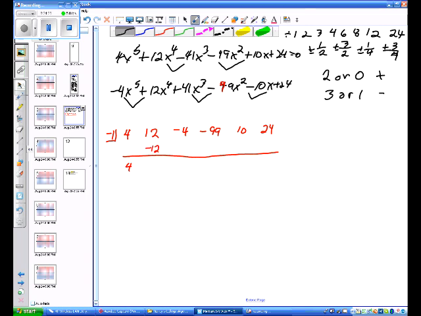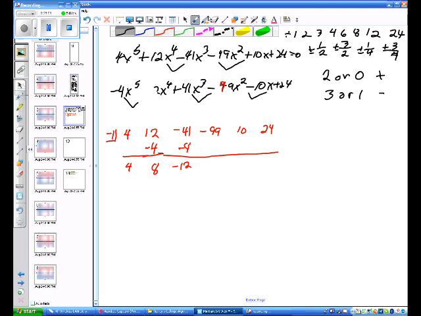So that gives me 4, negative 12, negative 4, 8, negative 8, negative 12. I'm making mistakes here because there's a 41 up there. So that's a negative 41 minus 8.